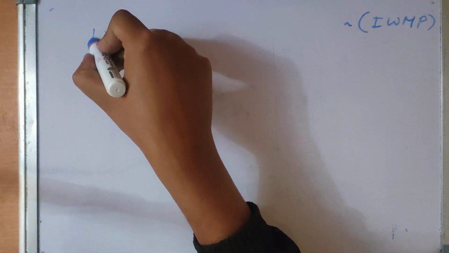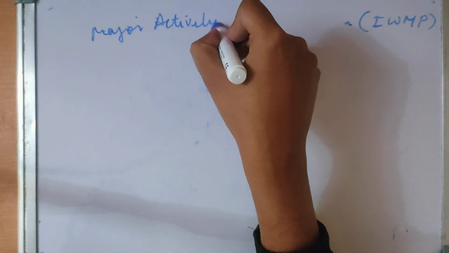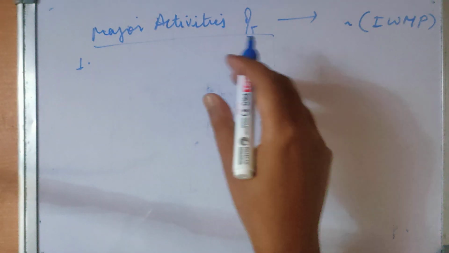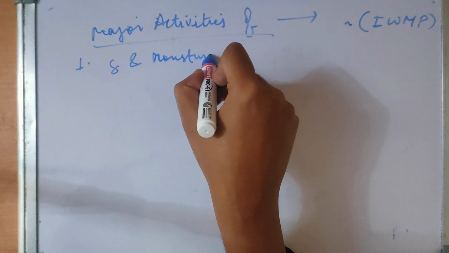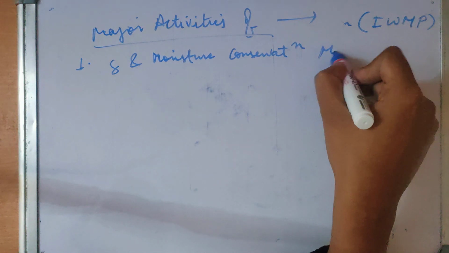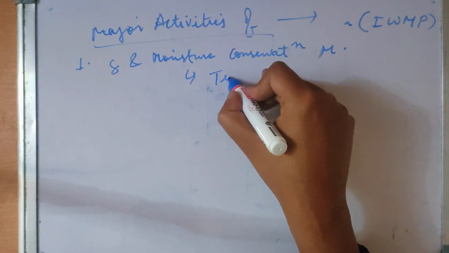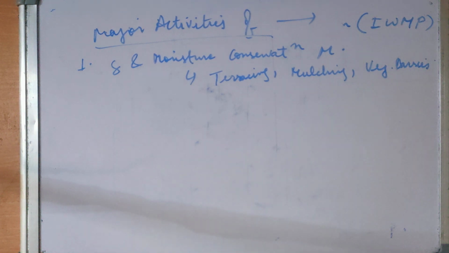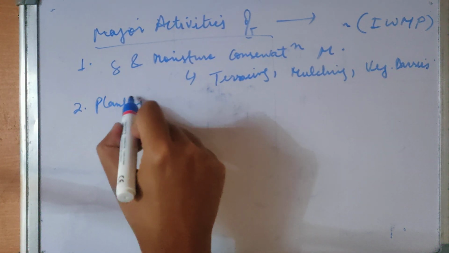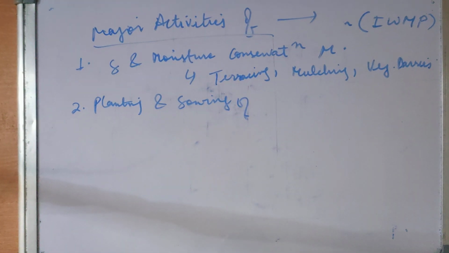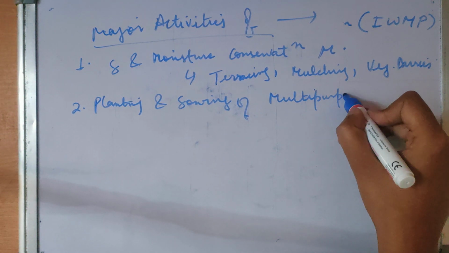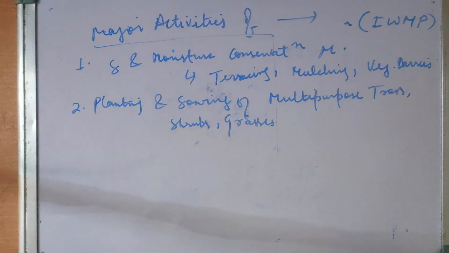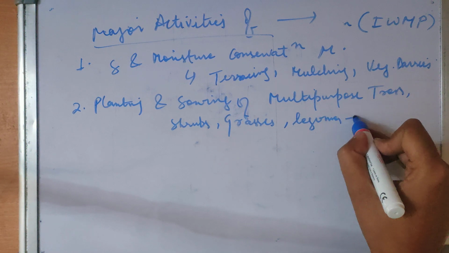It focuses on soil and moisture conservation measures such as terracing, mulching, vegetative barriers, etc. Planting and sowing of multi-purpose trees, shrubs, grasses, legumes for land development.